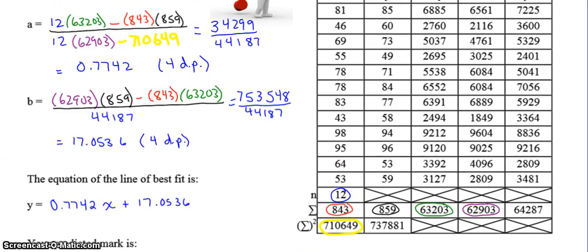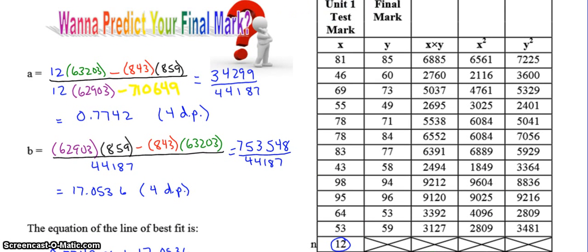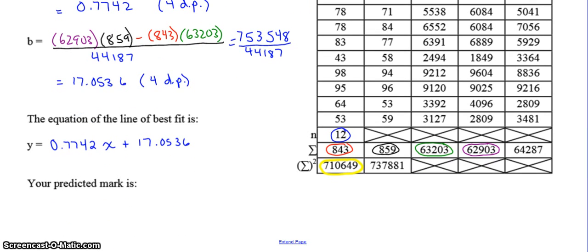So if you remember from the previous day, figure out what your Unit 1 test mark was. So let's say that's your Unit 1 test mark. That's the x value. So I'm just going to use the number 70. I want you to use whatever your Unit 1 test mark was.